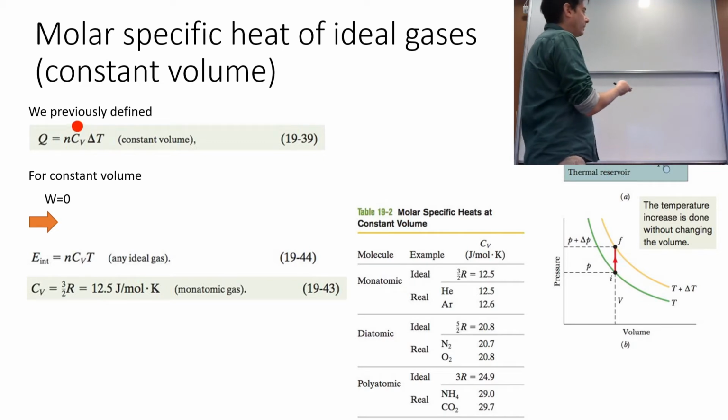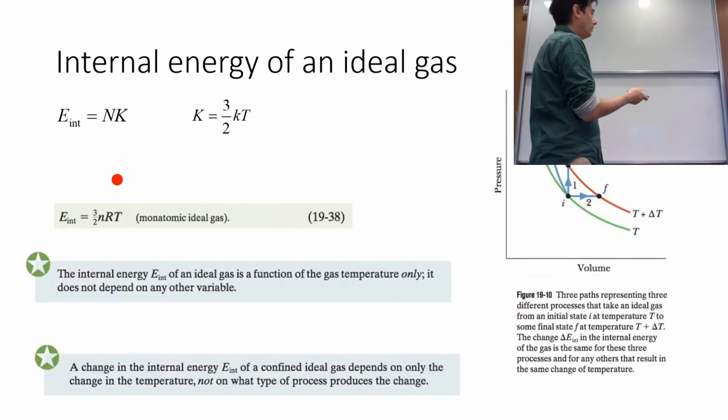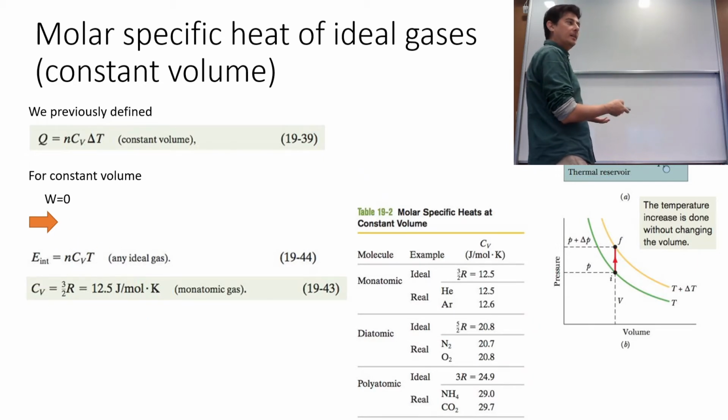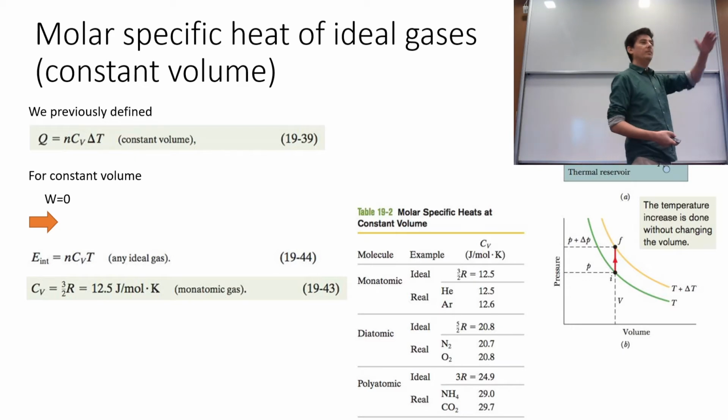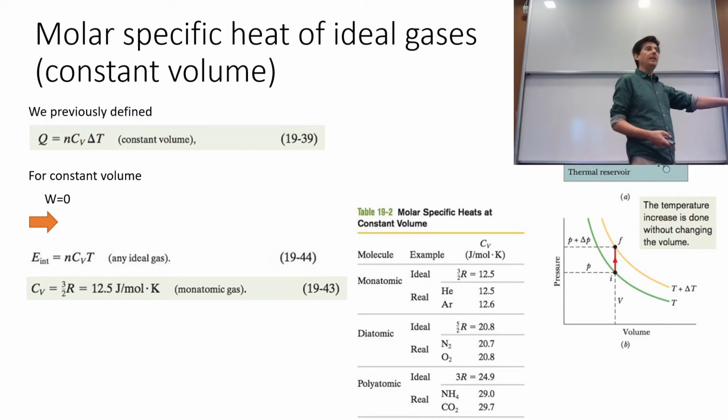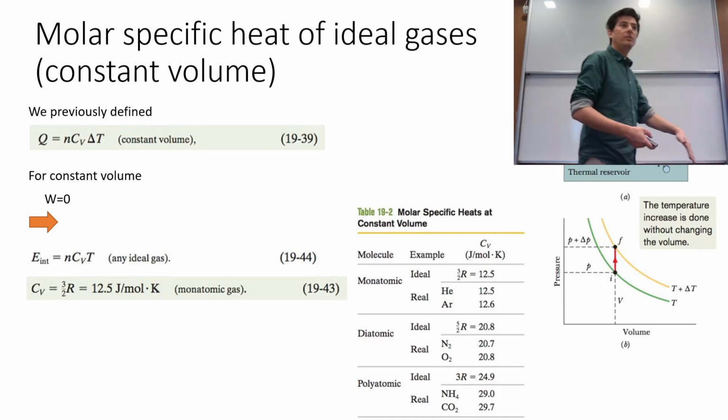But now we can relate that to the internal energy we worked out, and for a constant volume process, W is 0. So we can even derive the specific heat. There's this whole chain of derivation: from the velocity of the atom to the energy, to the internal energy, and now we've got specific heat. All these things just followed from each other.